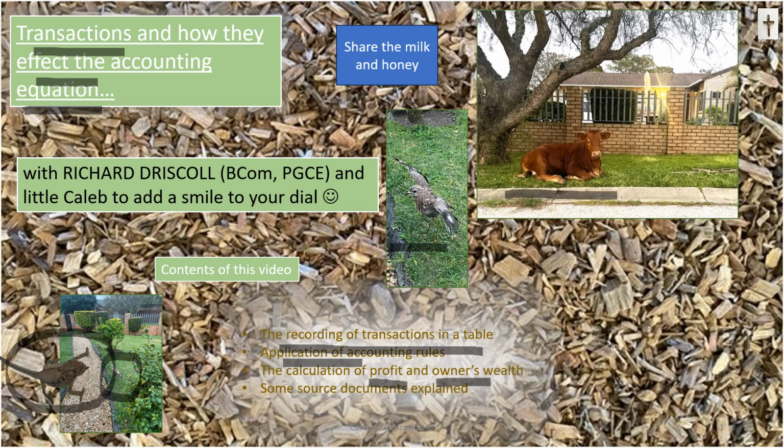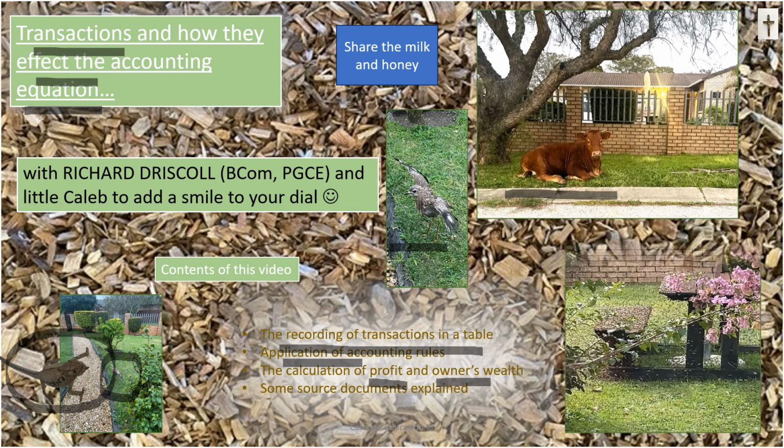Then I'll bring this into the little story. A cow came and sat on my front lawn, and if you look very carefully, a swarm of bees also decided to come and settle in the front lawn. But obviously the main focus will be the accounting, but I thought I'd add just a little story to go with it.